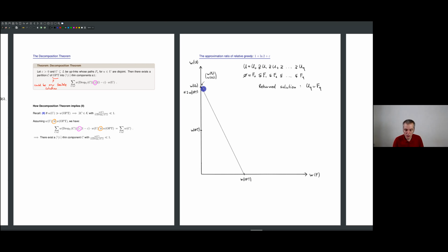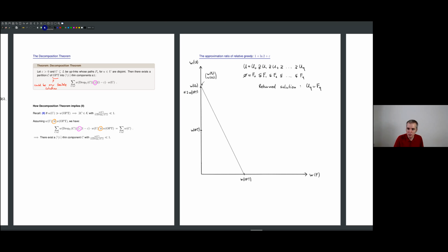We want to decrease a lot in terms of what we pay in uplinks, and then only have to pay a little bit extra in terms of what we added in other links. So the decomposition theorem tells you that after one iteration, you will have a solution F1, U1 that should be on or below that line, up to a 1 minus epsilon factor. Again, let's forget about the epsilon factor.